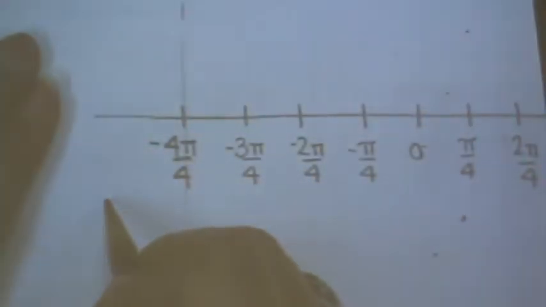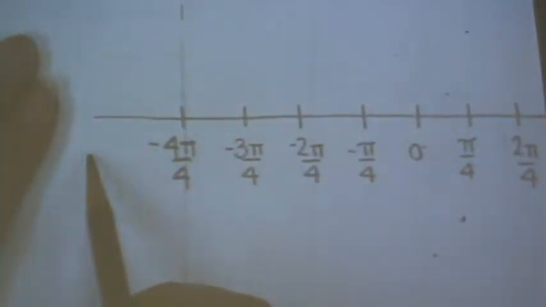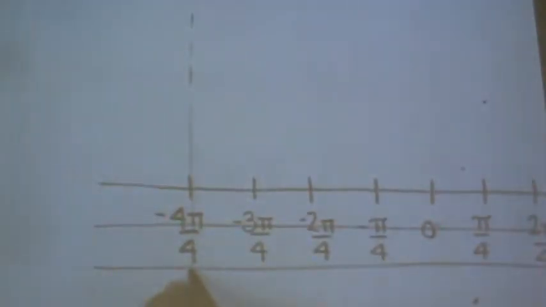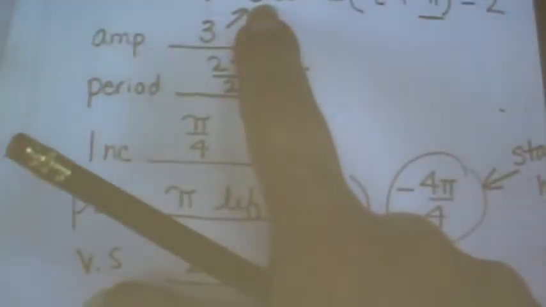So you are going to start here. So let's just draw a line here. And we need to go 2 units down. 1, 2. So you're going to start here. Now it's the cosine graph. What does the cosine graph look like? And it's a positive 3. Where should we start?